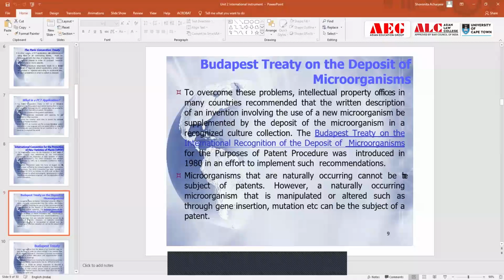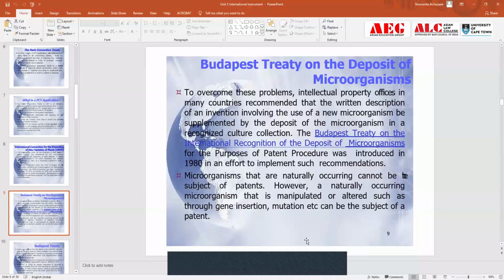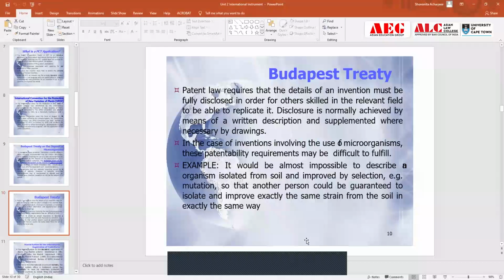However, naturally occurring microbes that are manipulated or altered, such as through gene insertion or mutation, can also be subject to patent. For example, describing a microorganism isolated from soil and improved by selection, for example mutation, so that another person can be enabled to isolate and improve exactly the same strain from soil in exactly the same way.